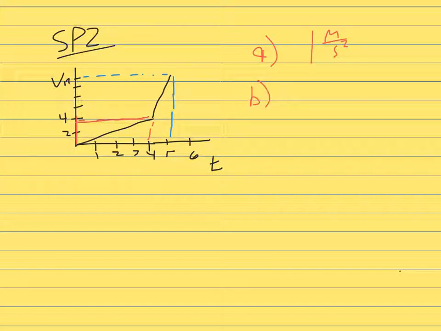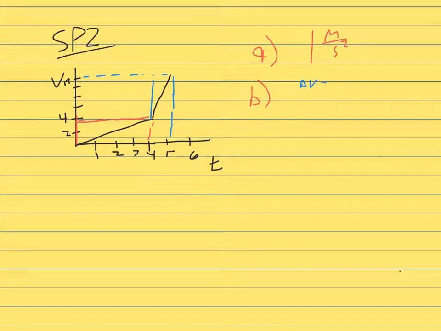Part B says find the average acceleration, which is the slope, from 4 to 5 seconds. So from 4 to 5 seconds, I'm going to switch to blue here, it's going to go up from 4 to 12 in the velocity, so 4 meters per second up to 12 meters per second, which means that I have a change in velocity.